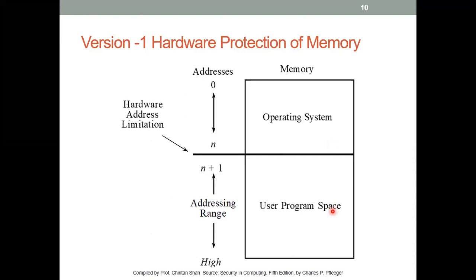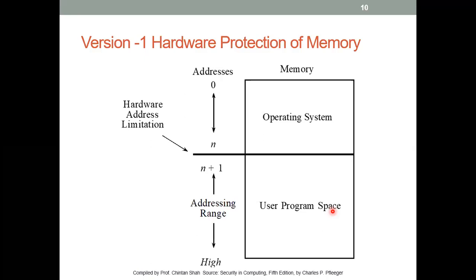Even if we try to speak as though memory is infinite, we always know the fact that memory is finite. So what if my user program space runs out of memory? In this case, this model will not work. And that is the reason we are moving on towards version 2 of the fence register, right?